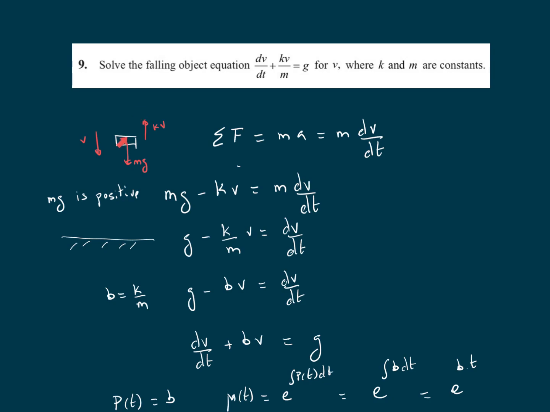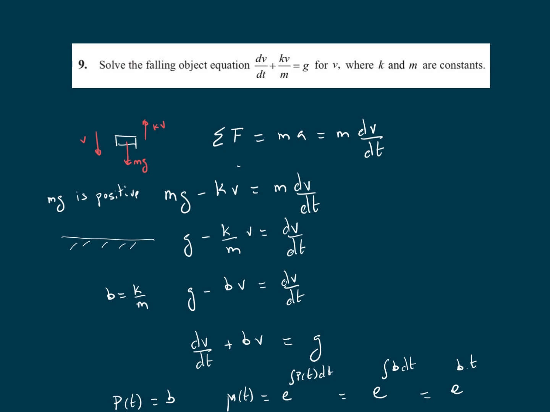We take the positive direction going downward. So the total force produces acceleration, mass times acceleration. What does Newton's law say? The sum of all the forces is the mass multiplied by the acceleration.